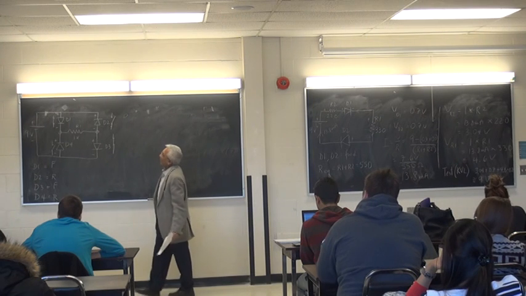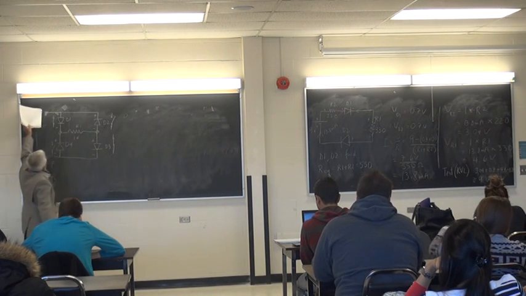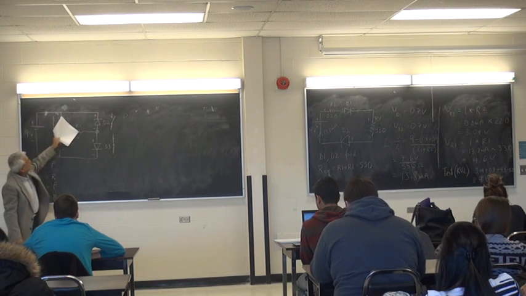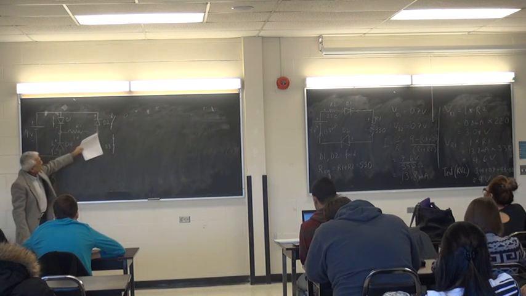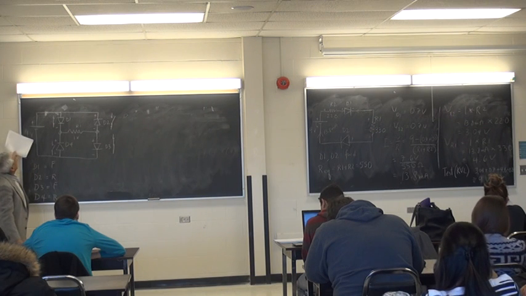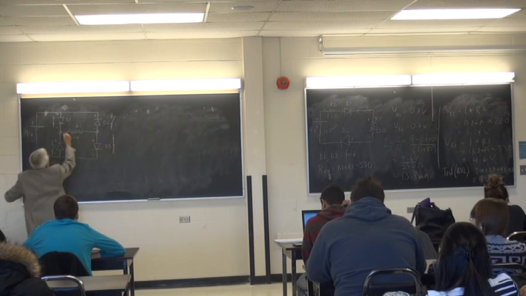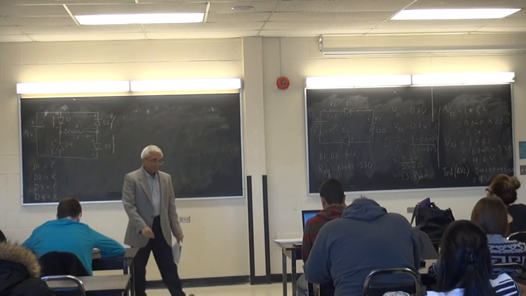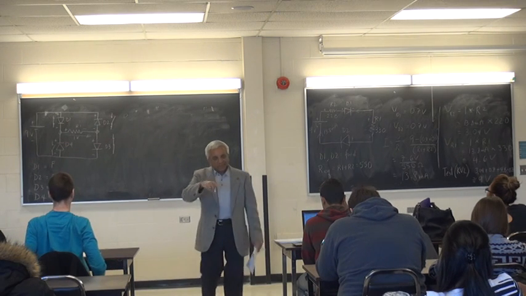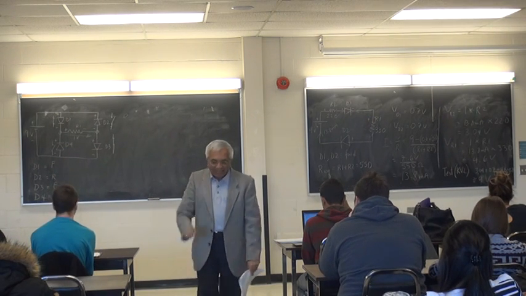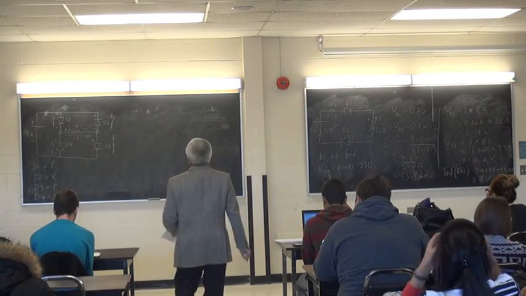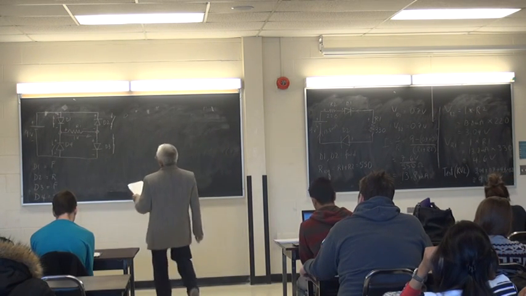So current's going to flow through this closed switch, cannot flow this way, so it's going to flow through R1, down D3, and back. Okay? So the current is going to flow this way, which means that the polarity will be plus minus. So the current is going to flow through the diodes, which act like closed switches, which are forward biased.